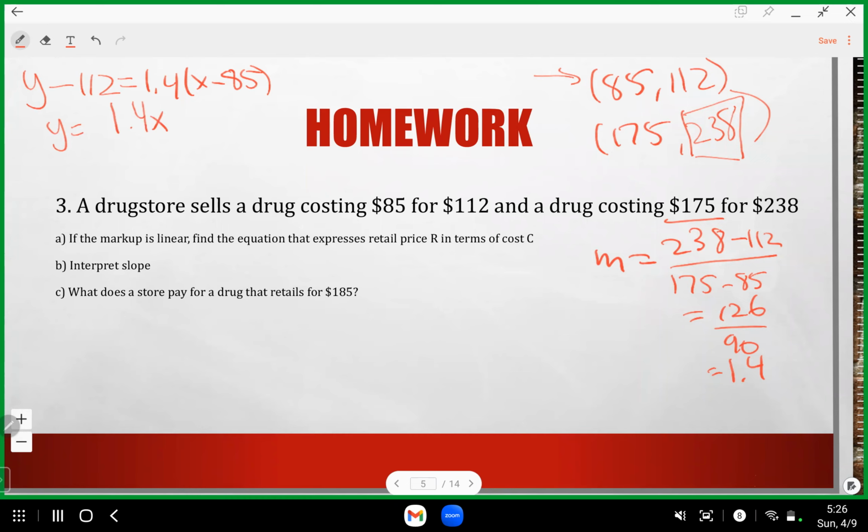Put that here. And we interpret our slope, which means we can interpret this as the ratio of the markup to the original.